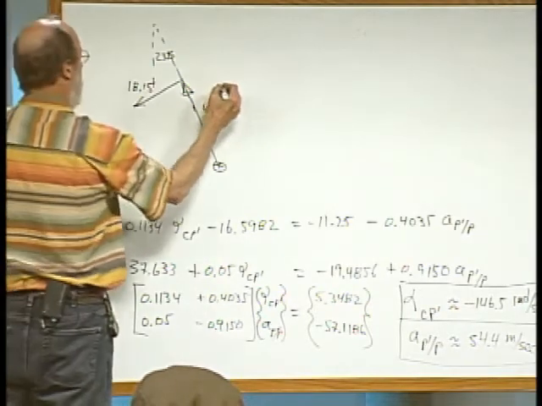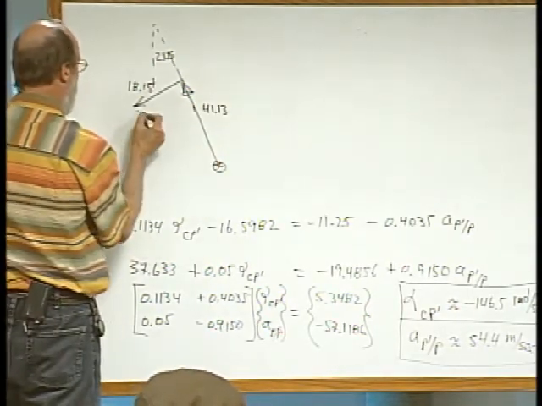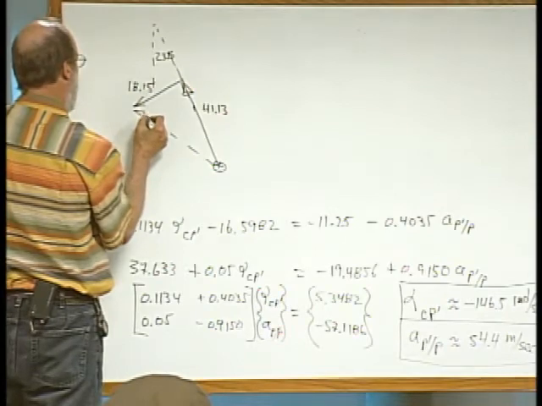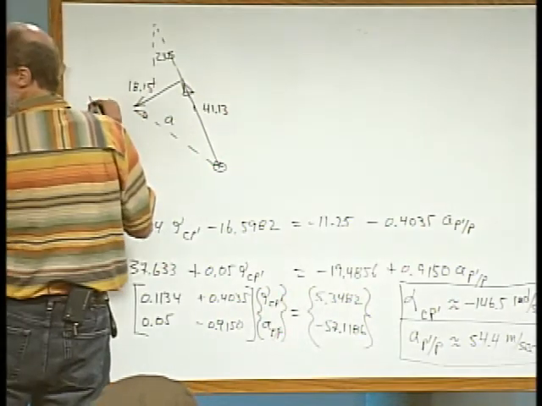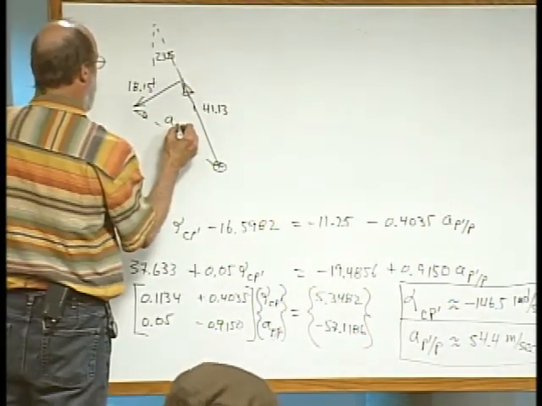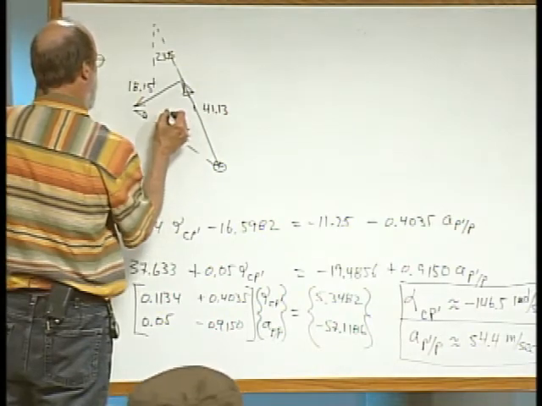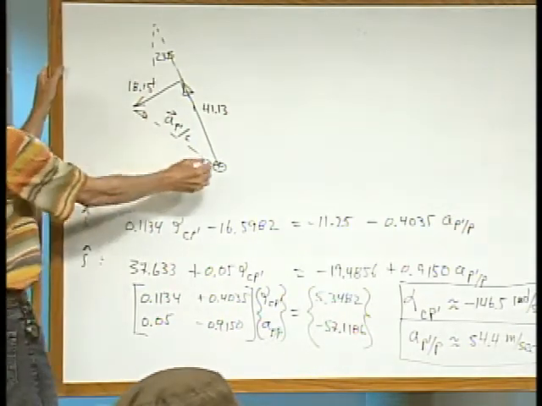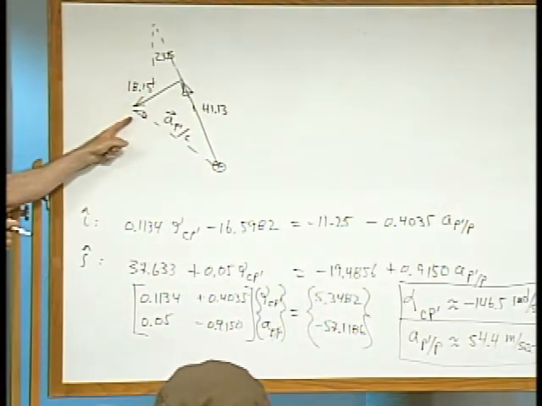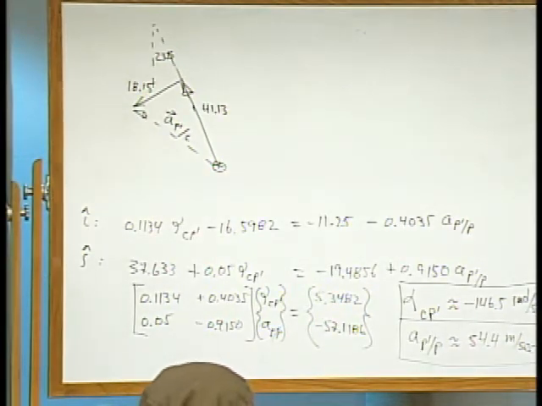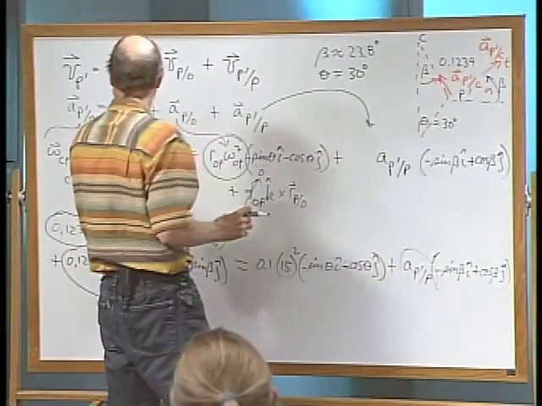Okay, keep in mind what these are. This diagonal right here, folks, is the acceleration of P prime relative to C. That is the left side of our equation.